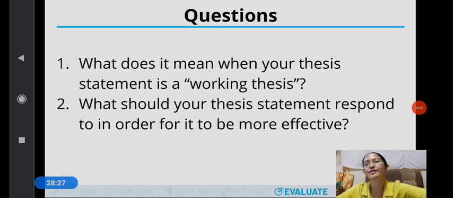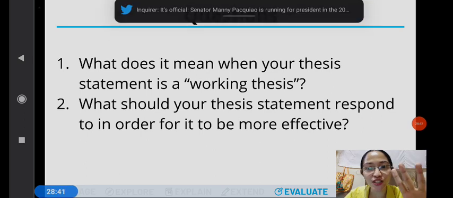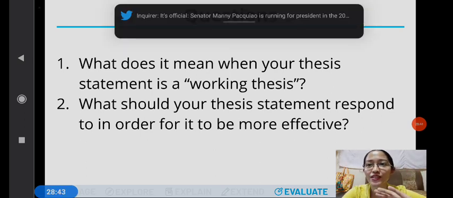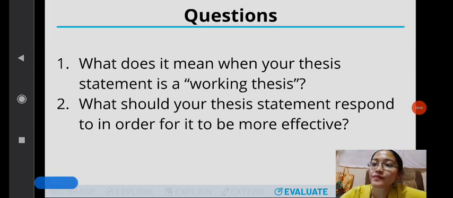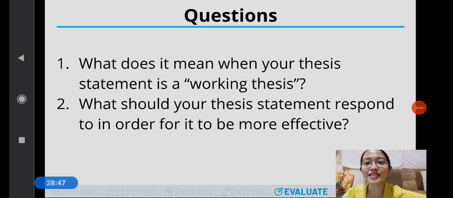Okay, questions. These questions are required to be answered in your essay assignment. First question, what does it mean when your thesis statement is a working thesis?